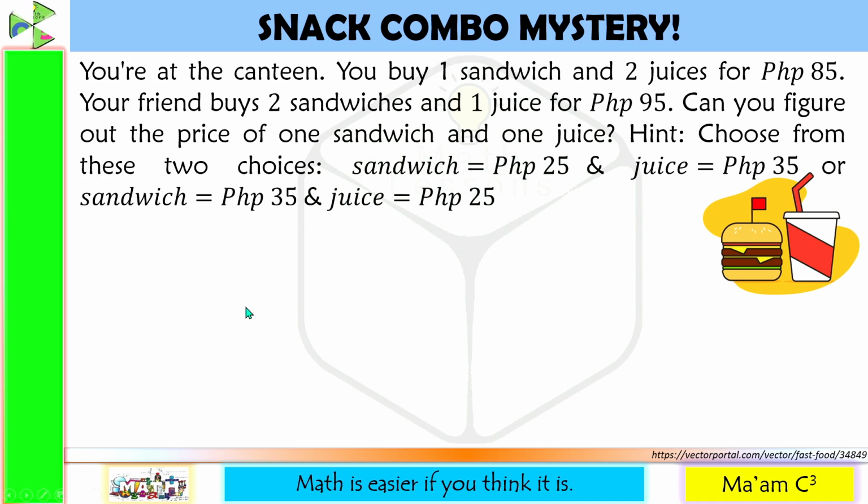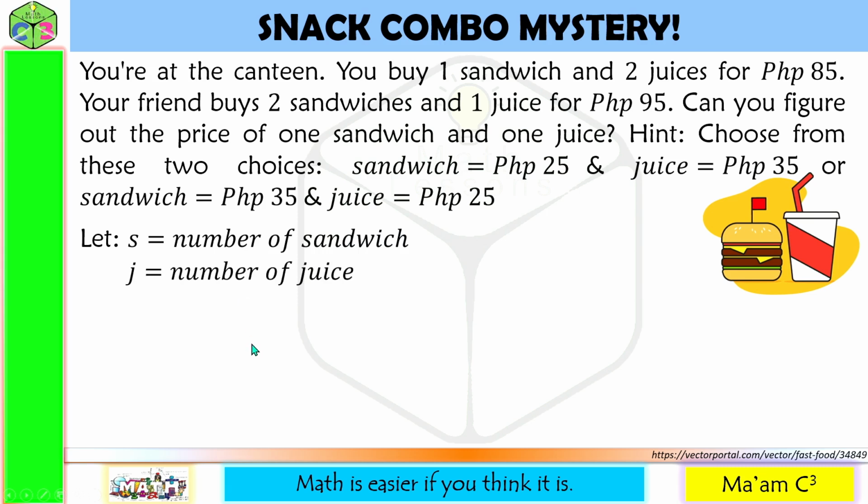Allow me to use S for the number of sandwiches and J for the number of juices. We have here one sandwich and two juices for 85 pesos. In equation, that would be 1S, or simply S, plus 2J equals 85. I will use first the 25 pesos for the sandwich and 35 pesos for the juice.